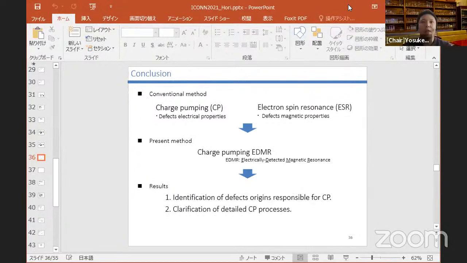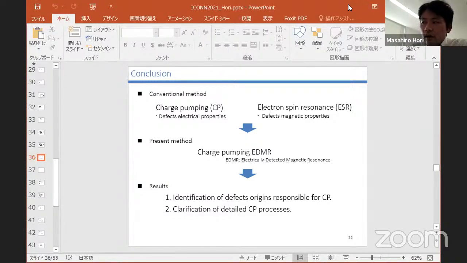Okay. And another question is, in order to determine the energy level or energy position of the defect states, you change the magnetic field, right? It's also a good question.